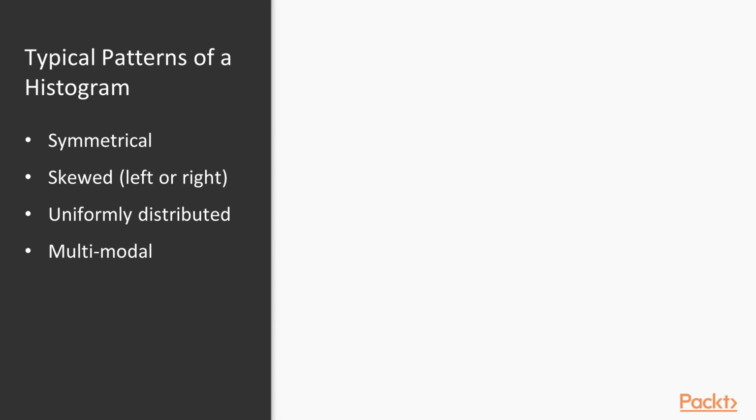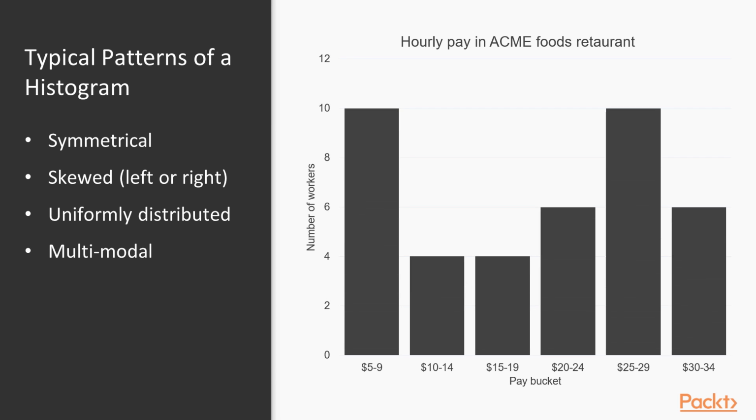And then the last pattern we can often see is what is called the multimodal pattern, and this could be an example of it, when we see two streams, two prominent maximums in our dataset.